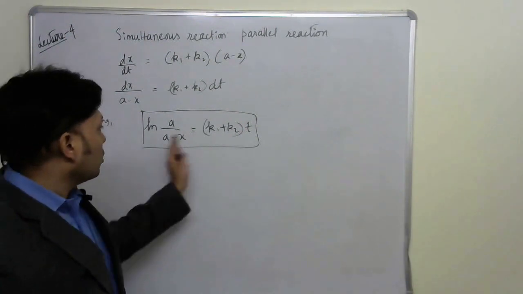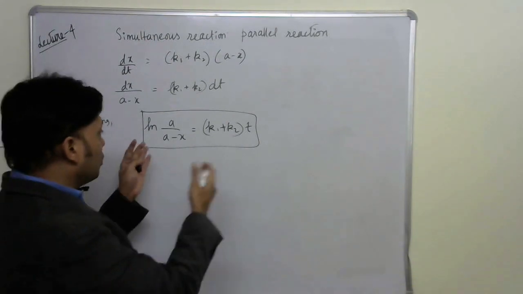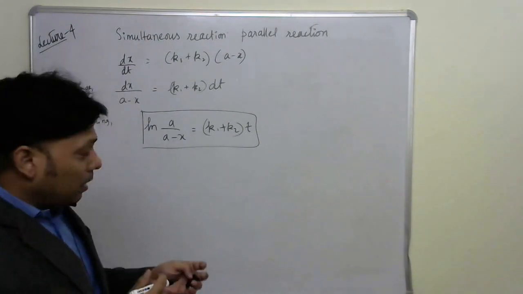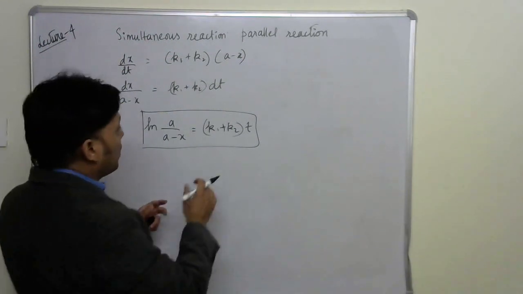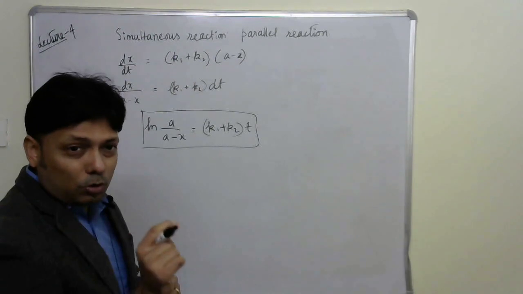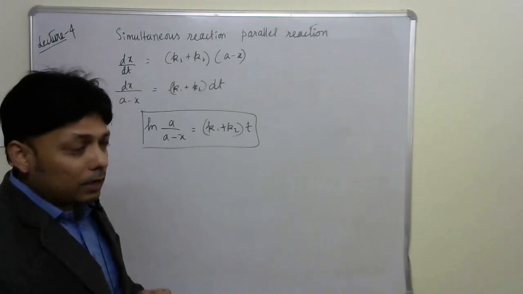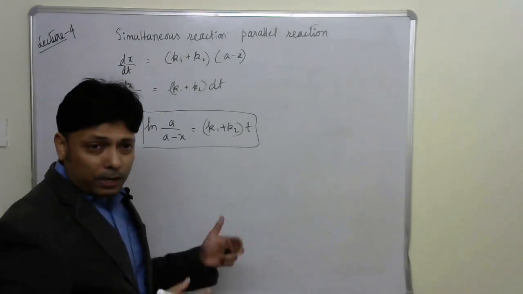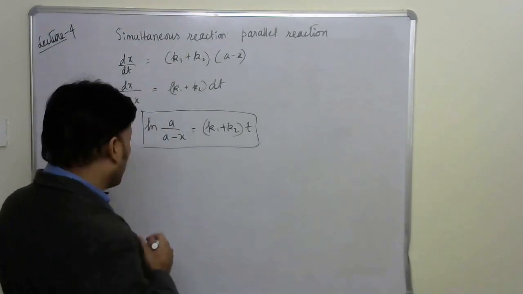Now we can plot ln(a/(a minus x)) versus t, and we can get the summation k1 plus k2. But k1 and k2 are individually unknown, so from the graph plot we only know the summation. To know the individual values, we need another equation. Okay, so how do we frame another equation to get the values of k1 and k2?